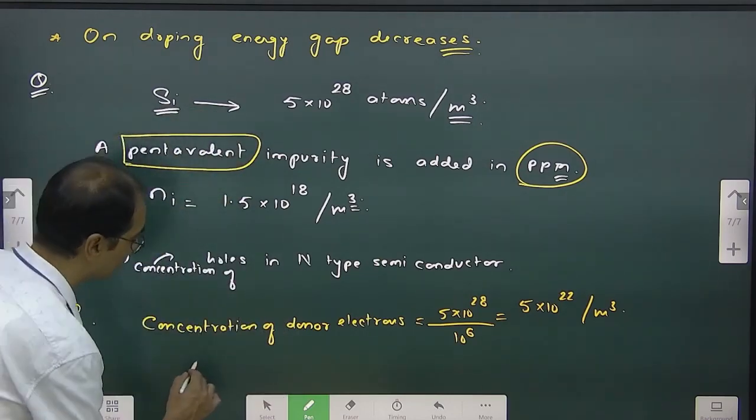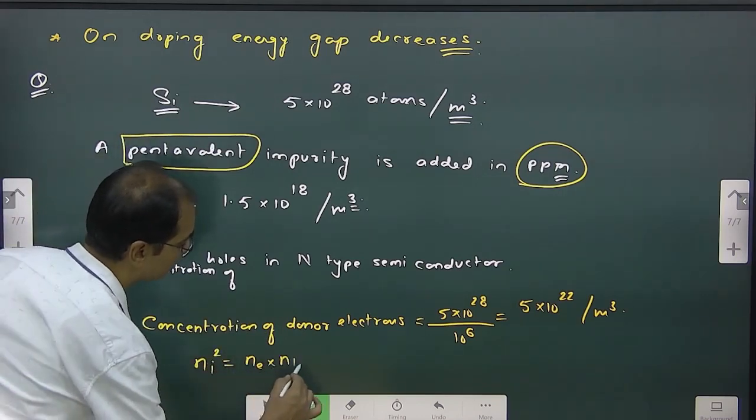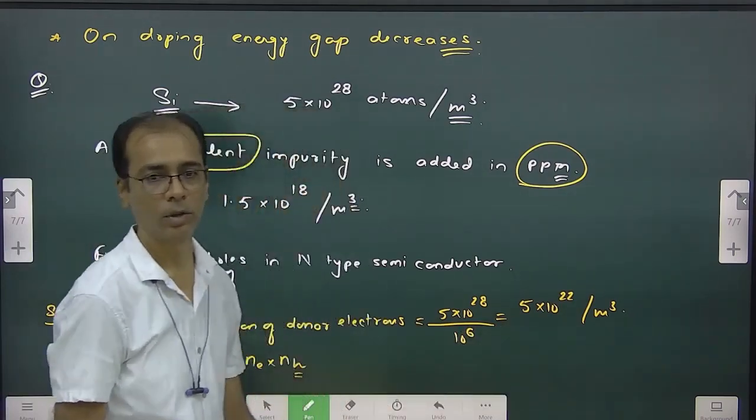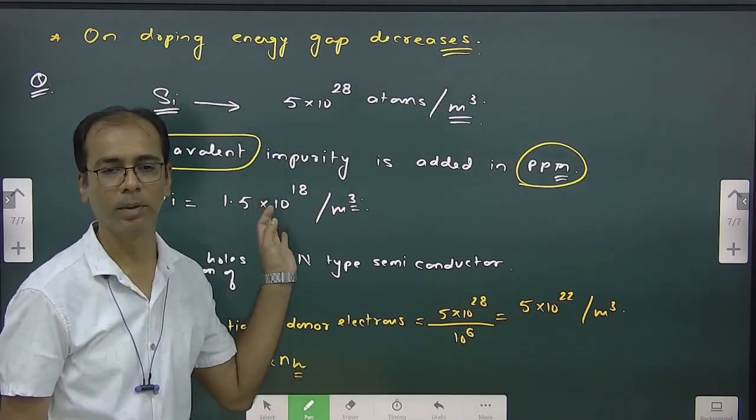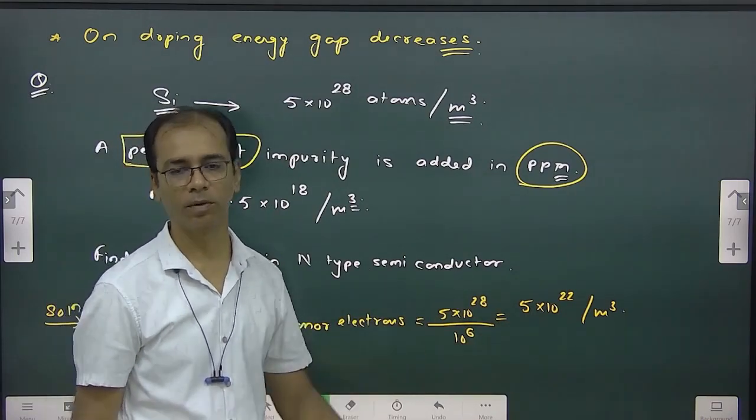We know that Ni square equals Ne into Nh. These are the number of electrons now, remember. You don't have to add whatever was available earlier, because it is very small compared to this, so directly we can use this as the number of electrons.